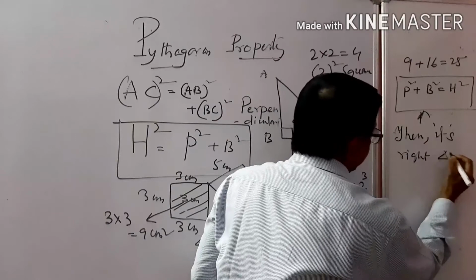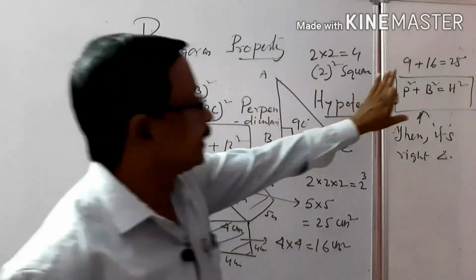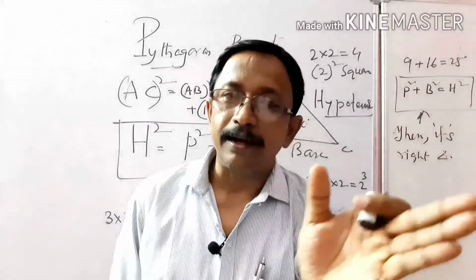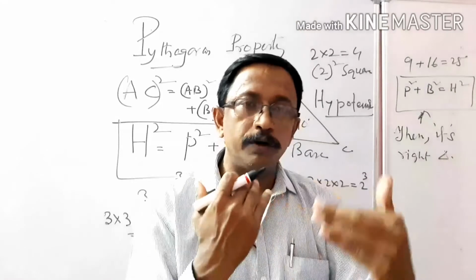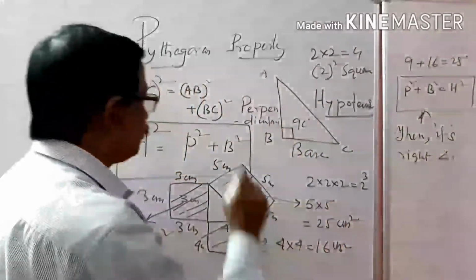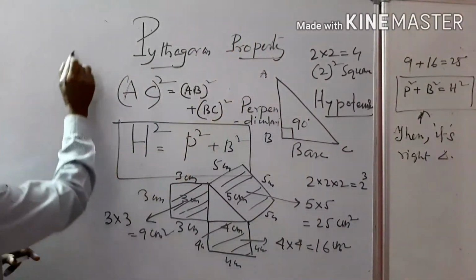That is another thing. Because once it's a right triangle, we get this property, but once we get this property, we can say it's a right triangle. So that one is known as the converse form of the Pythagorean property. Once we tell this one a right angle triangle, this is known as the converse property.